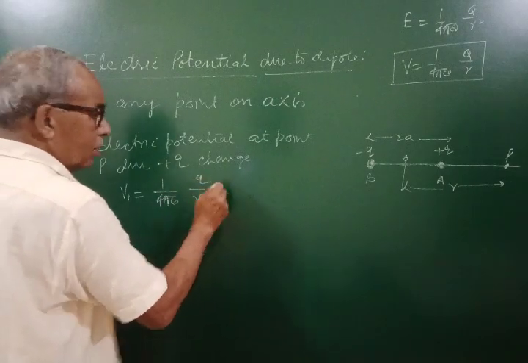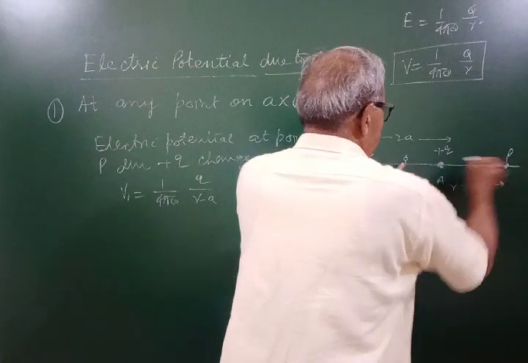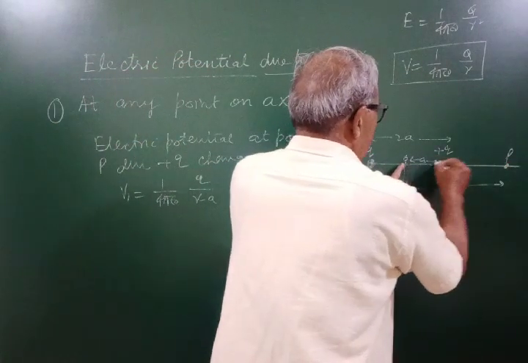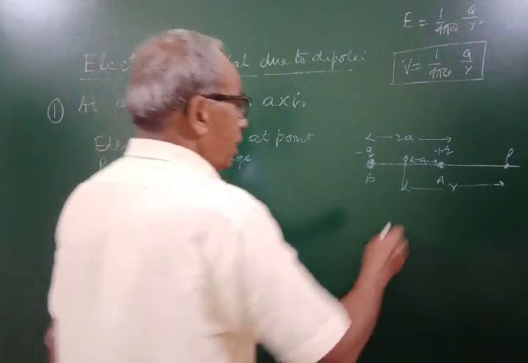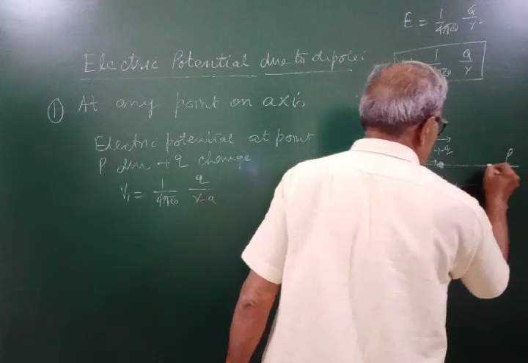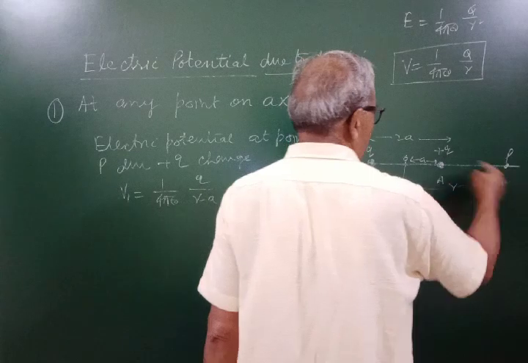Why r minus a? Actually, r is the distance this way, and this is a only. So AP is the distance of point P from charge q.